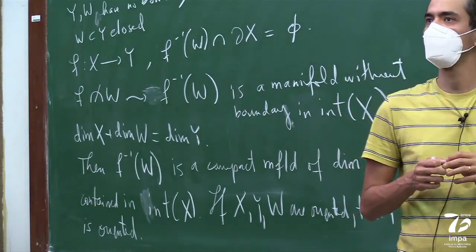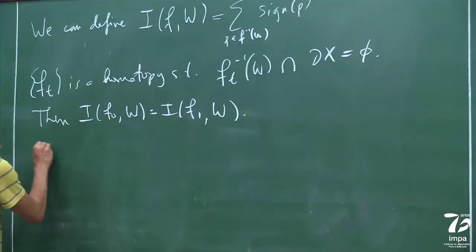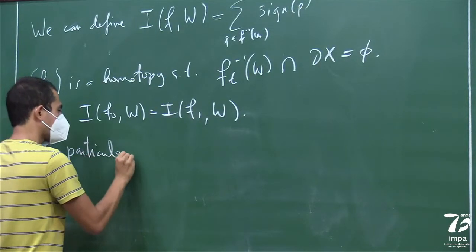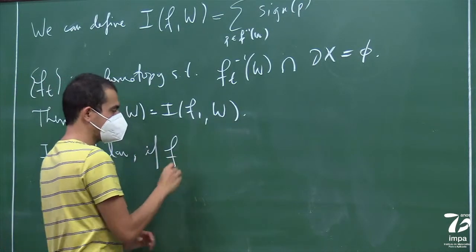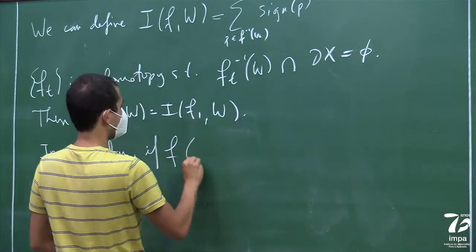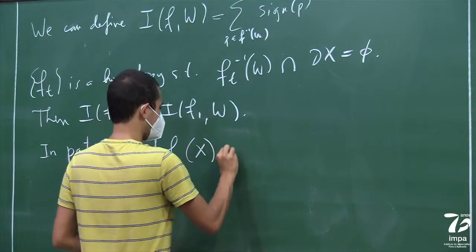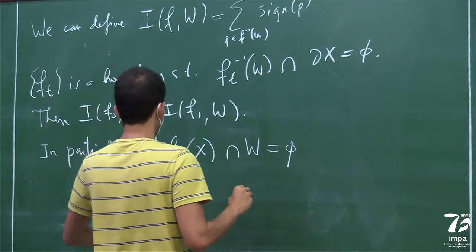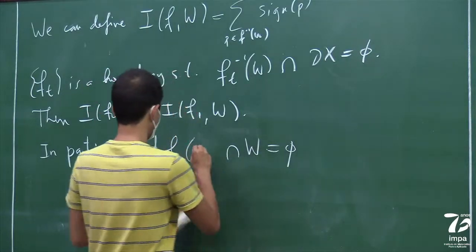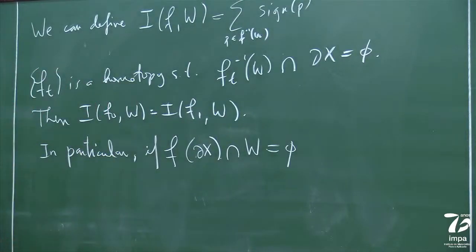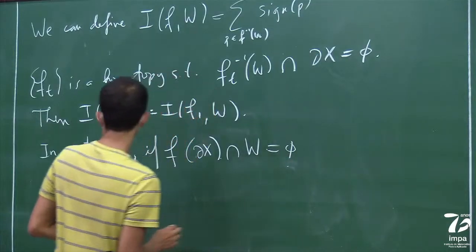okay. Okay, so in particular, if f is a function that's not necessarily transverse, but f satisfies the property that its image doesn't intersect W. I mean, that's the same thing as that the image of the boundary doesn't intersect W, which is the same as that equation.